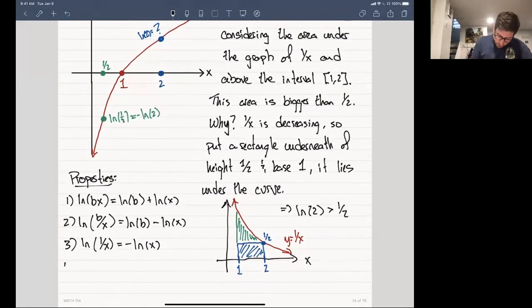And the most general version of this property that we're going to use to figure out the asymptotics here is that the logarithm of x to some power, say r, well, you can bring down that power and multiply it by ln of x. Okay, so how does this help, right? How do we know what happens as x goes to infinity now?